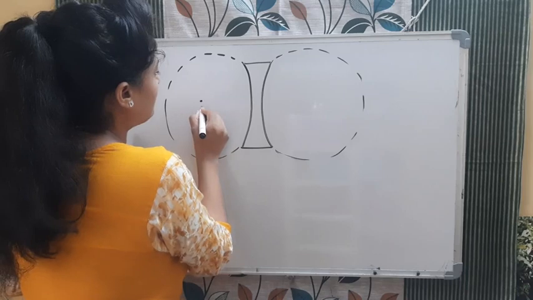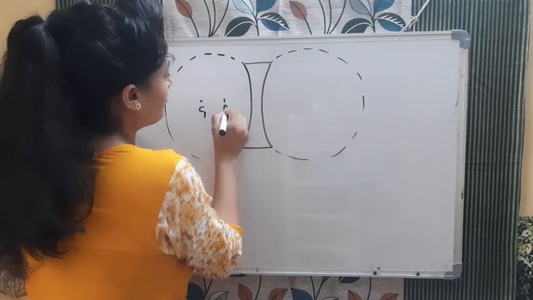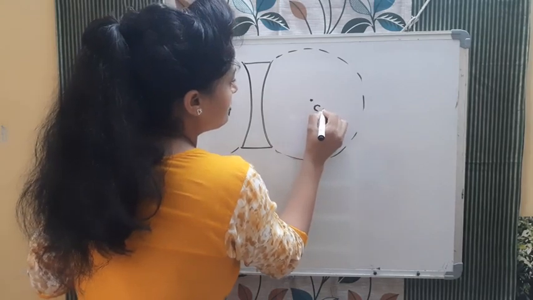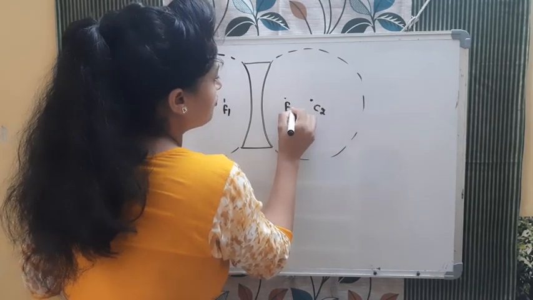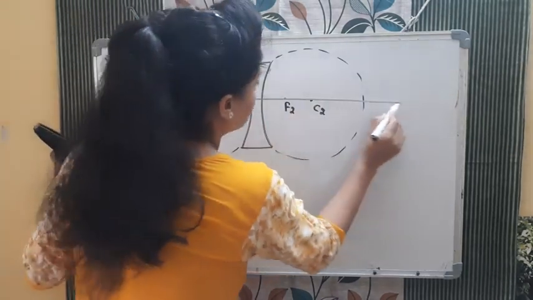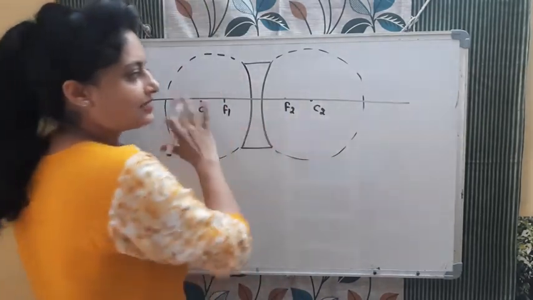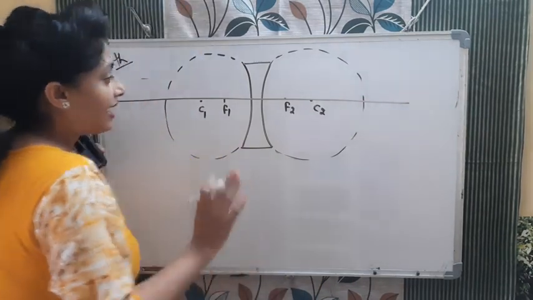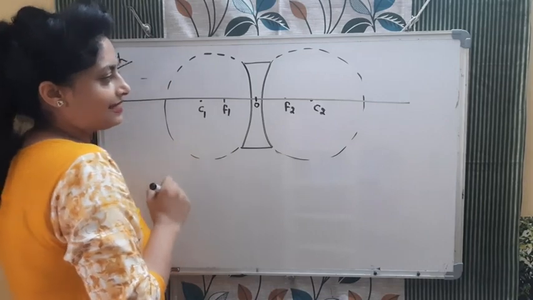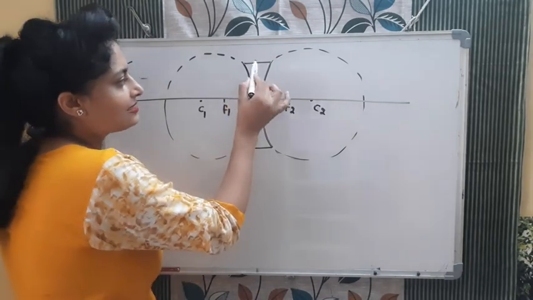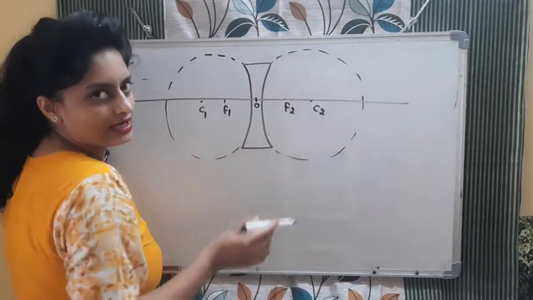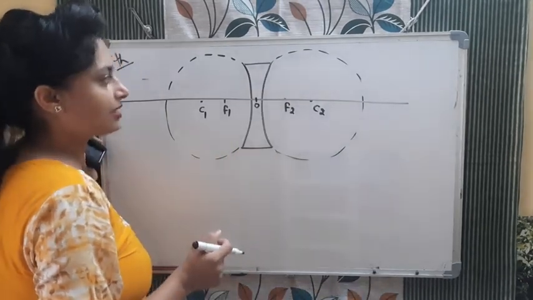So if this is the center of curvature C1, somewhere here it will be F1, and in the same way if this is C2, somewhere here it will be F2. So again two foci. The line that is passing through C1 and C2 is known as the principal axis. This is the principal axis, and the center point of the lens is known as O, the optical center. This is the optical center, and the diameter of this part is known as the aperture. The diameter of this lens is known as the aperture, spherical part जो होता है उसका diameter.